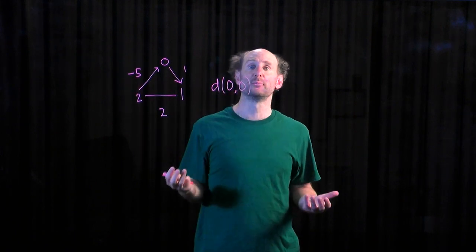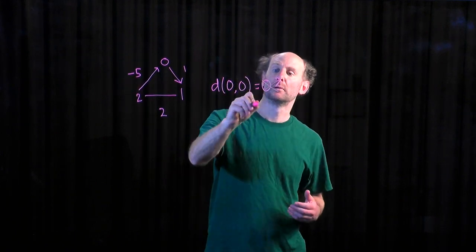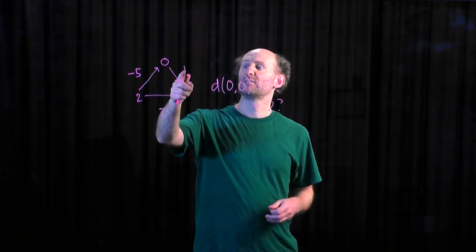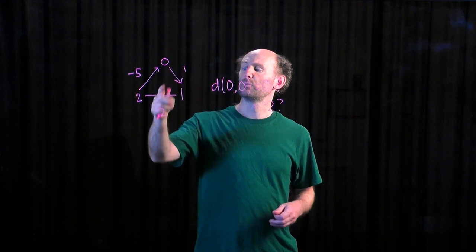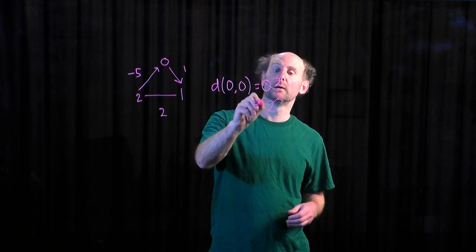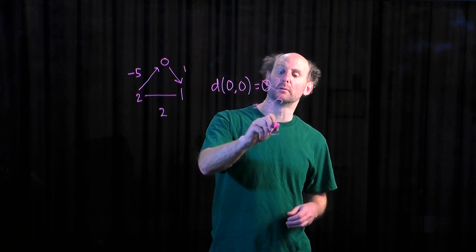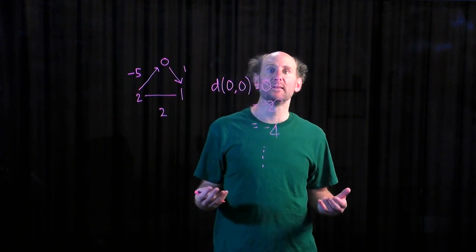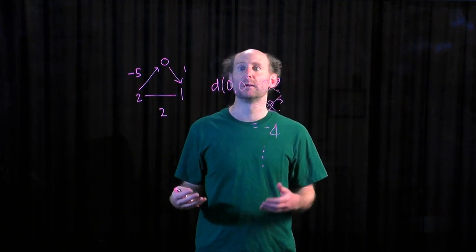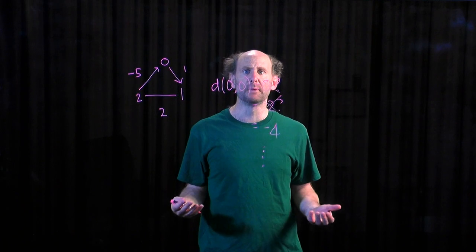So is the distance from 0 to 0 actually minus 2? Well, we could take another trip around the cycle. Minus 2, minus 1, plus 1, minus 5, so is it minus 4? And so on. In this way, every time you traverse the cycle, your cost of doing so gets lower and lower. So there's no defined minimum.